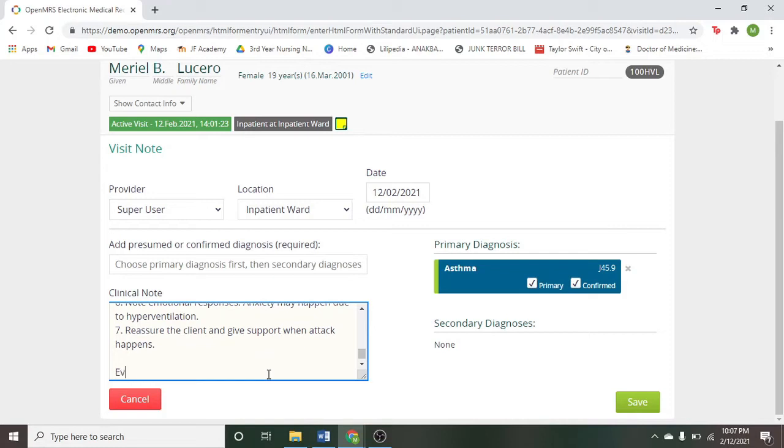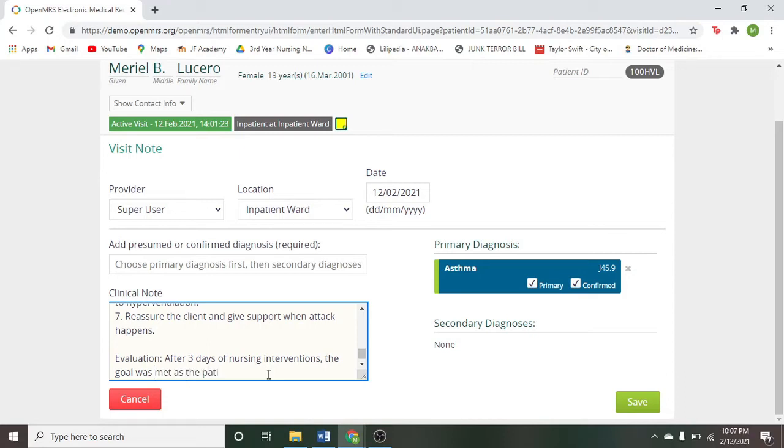Evaluation is also included under the clinical notes. As for the given case, it shows that after 3 days of nursing interventions, the goal was met as the patient's breathing pattern is maintained as evidenced by no presence of abnormal lung sounds and a regular rate or pattern with 80 beats per minute of pulse rate and relaxed respiratory muscles.